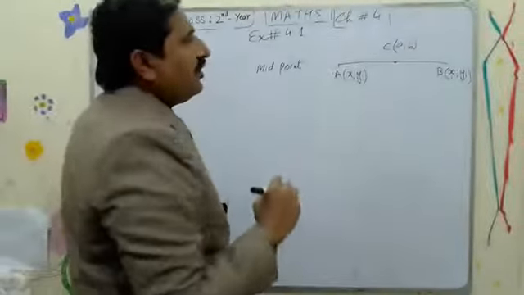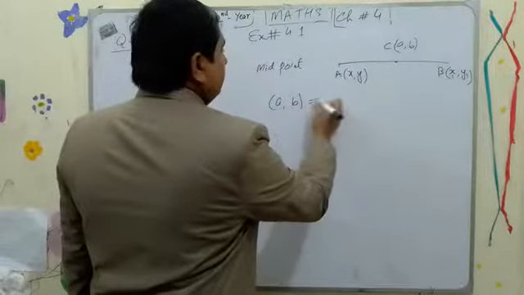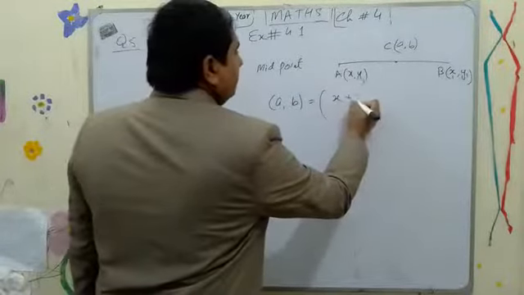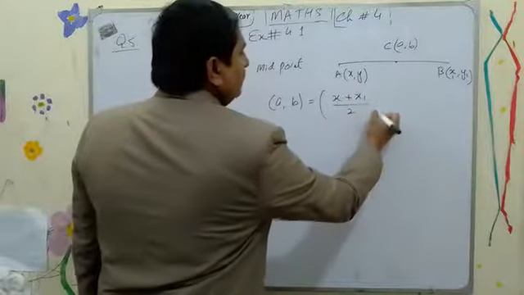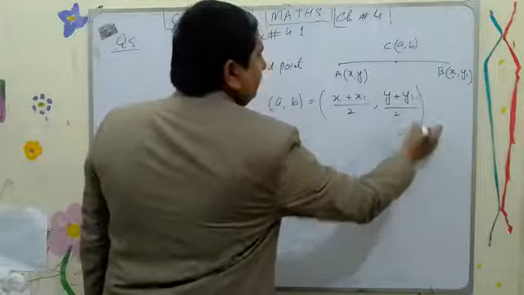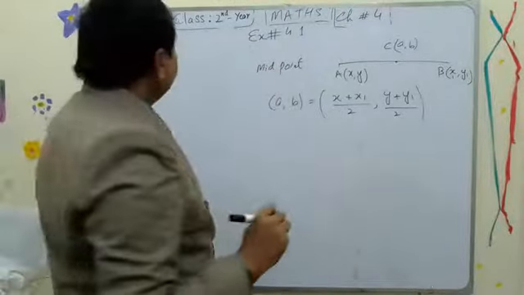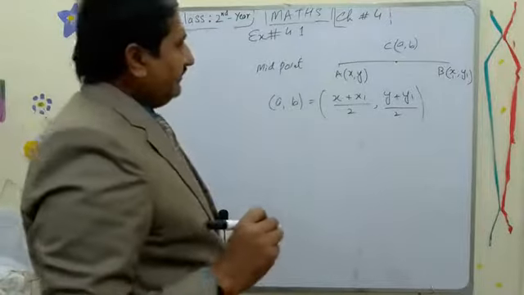So what is the value of midpoint C? We can say (a, b) is equal to ((x plus x1) over 2, (y plus y1) over 2), right? So this is the midpoint formula that we will use in question number 5.